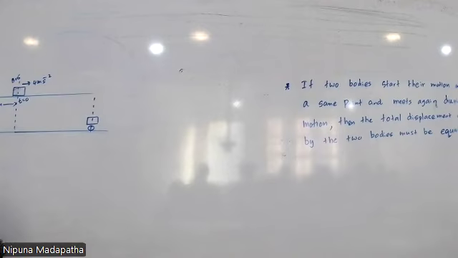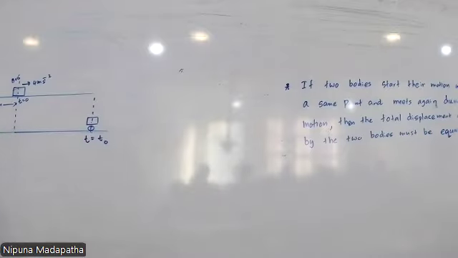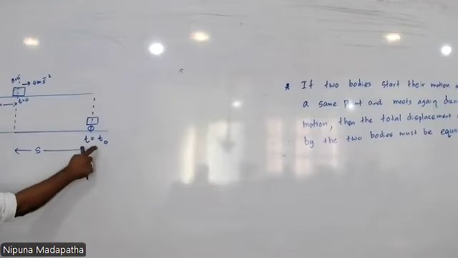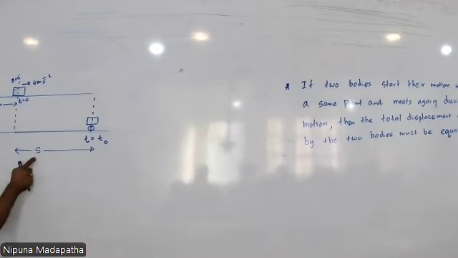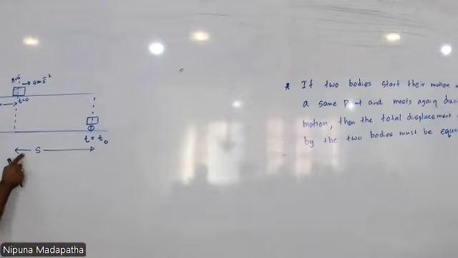Again, the motor car and the bus are at the same position after some time, suppose time t naught. Right? After time t naught, the motor car and bus are at the same point. Suppose the distance the bus traveled during this time period is s.